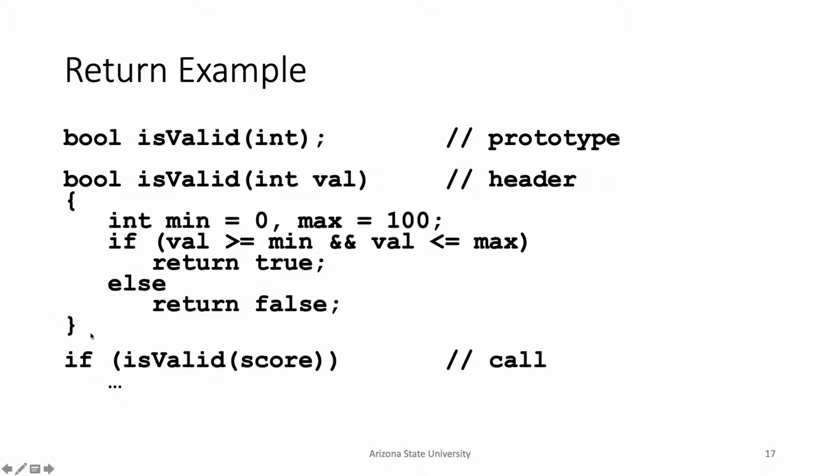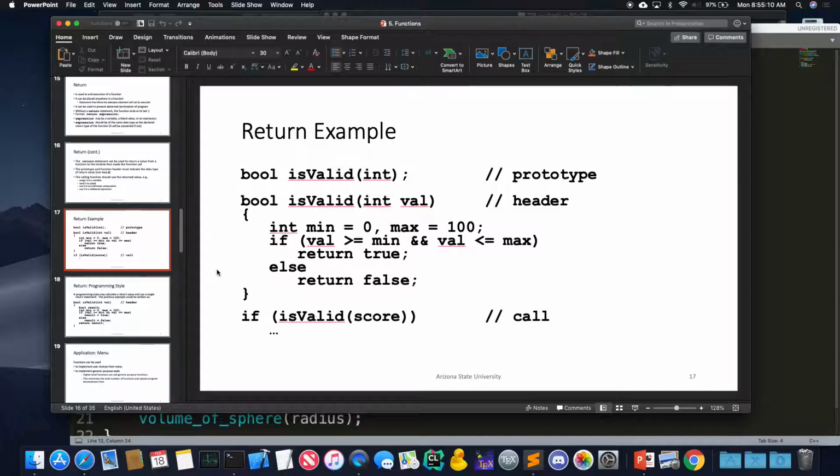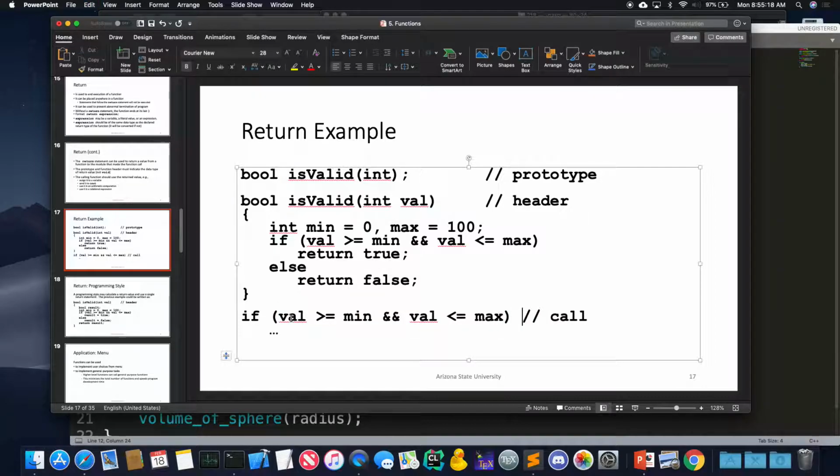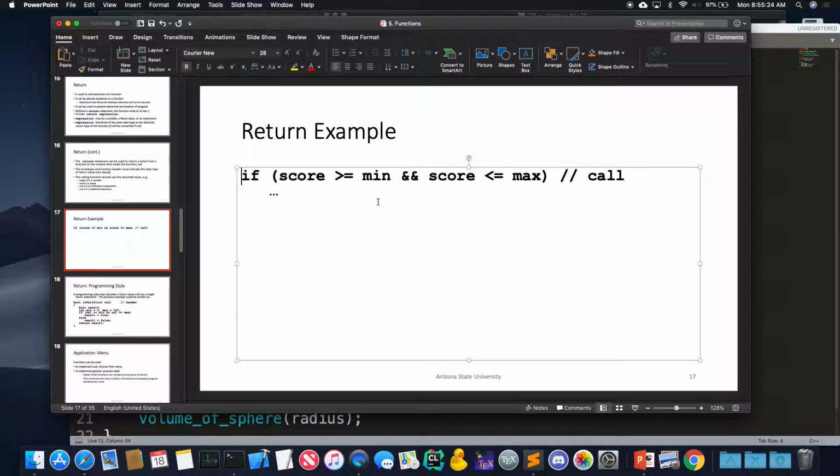Before, when we were doing user input validation, we were doing the condition ourselves. So instead of val, we would have score, and we would just forget these functions up here and say if score is at least the min and score is at most the max. That's what we were doing before.